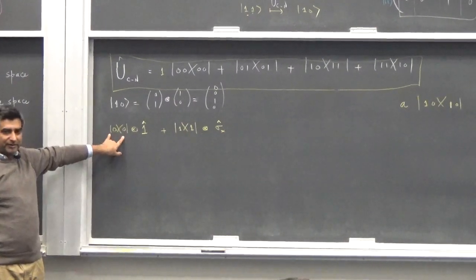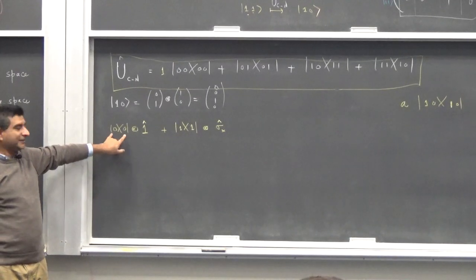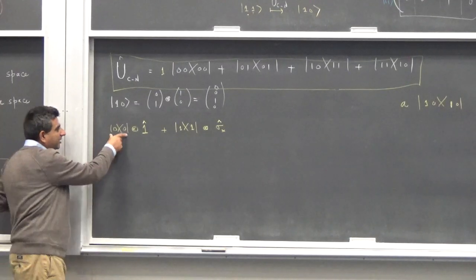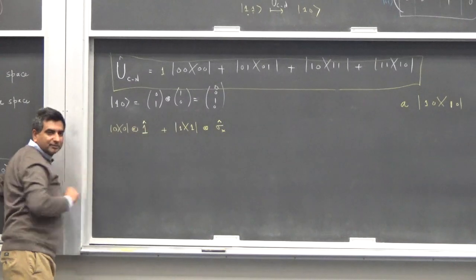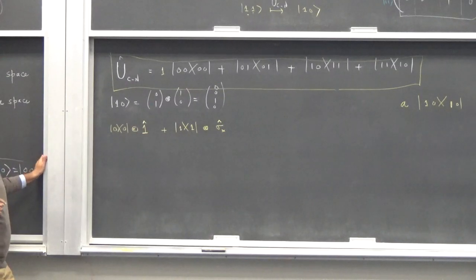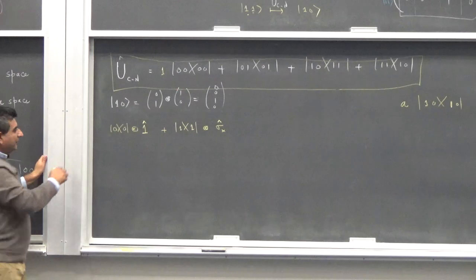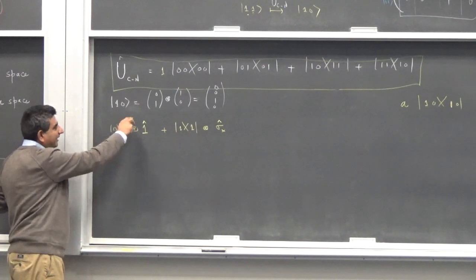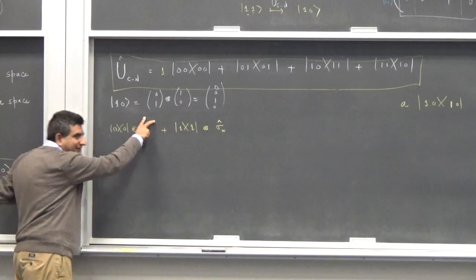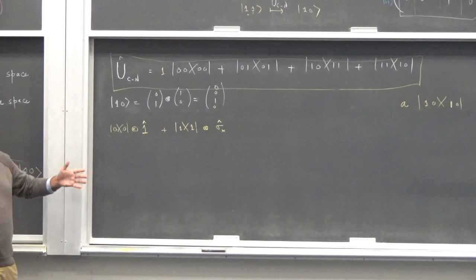This is an outer product. Now this is your first encounter with an outer product being tensored with another outer product, which means a 2 by 2 matrix is being multiplied with another 2 by 2 matrix to give me a 4 by 4 matrix.